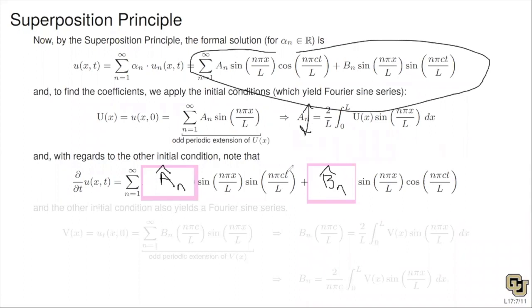Here, when we let t equal 0, we should get some type of familiar Fourier series. When we let t equal 0, this term will go away. This term will turn into 1. And again, we're going to get another Fourier sine series with some weird looking constant in the front, but it's still just a constant.